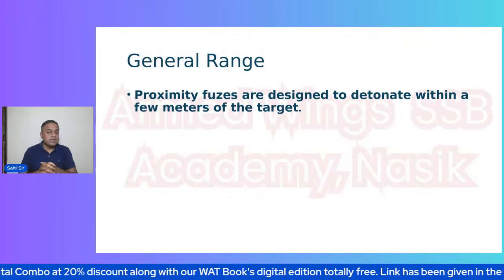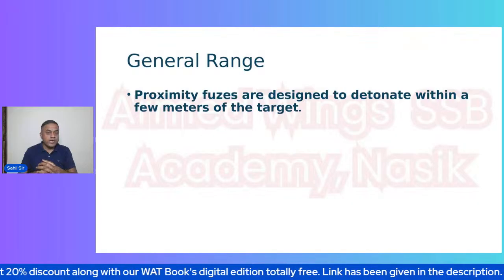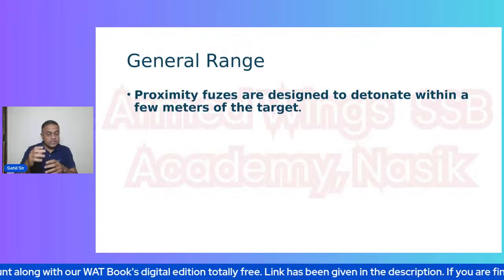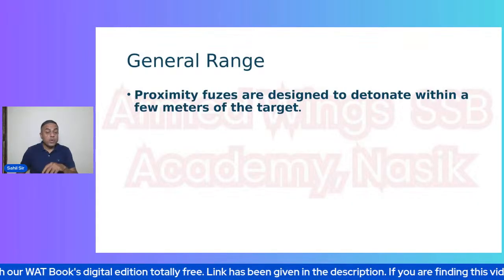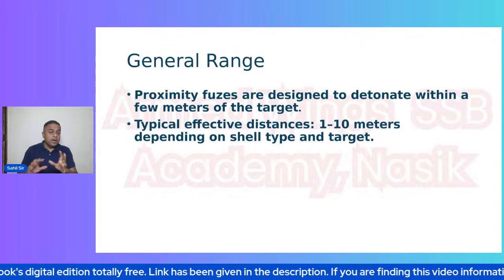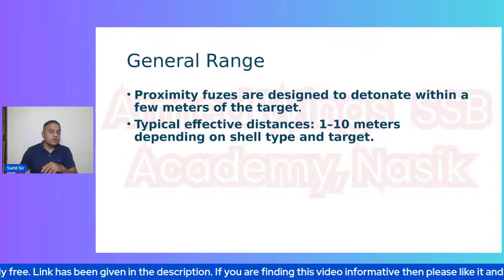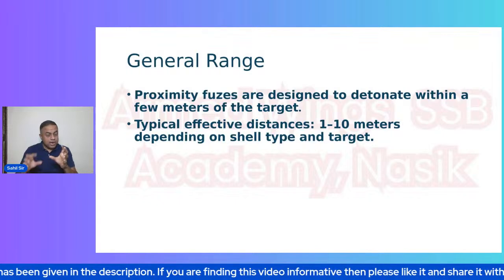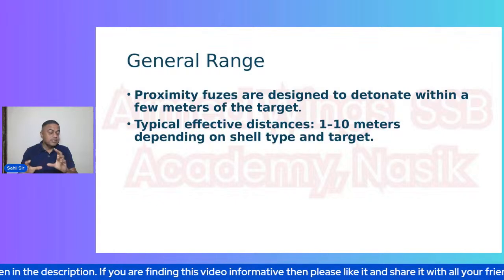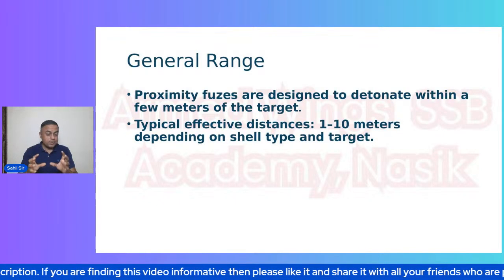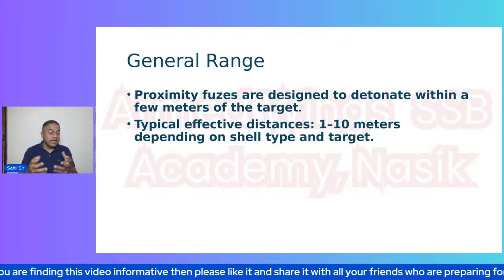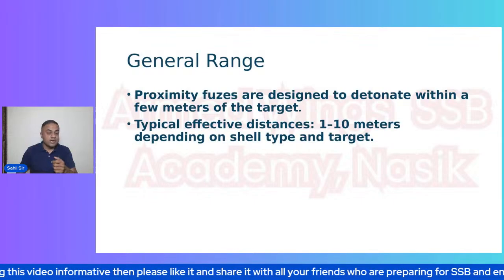Proximity fuses are designed to detonate within a few meters of the target. So what is the range at which they tend to explode? Typically, effective distances are between 1 to 10 meters, depending on shell type and target. Now we will see the different ranges at which it tends to explode depending on what the target is.